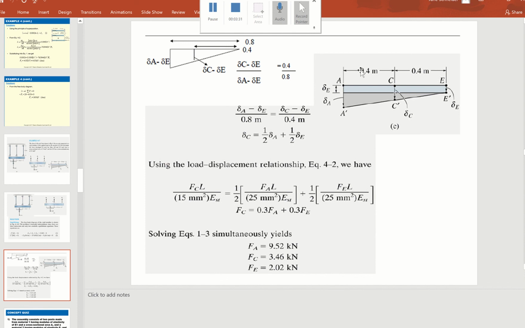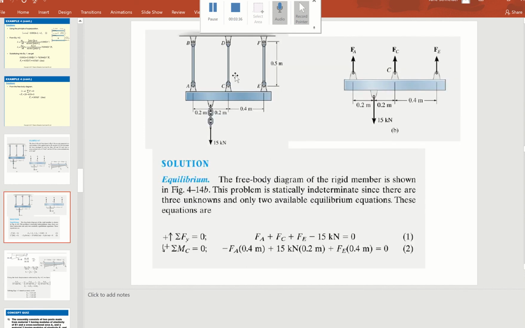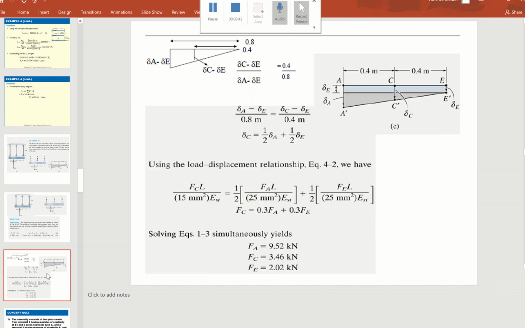So let's come back to look at this. Imagine those three bars are all going to be elongated, right? With 15 kilonewton pulling down, all three of them are going to be elongated. Imagine A is elongated the most, so A to A prime is the longest compared to C prime and E prime. And remember, AE, this A36 steel bar, is a rigid member, so it's going to be straight, linear.